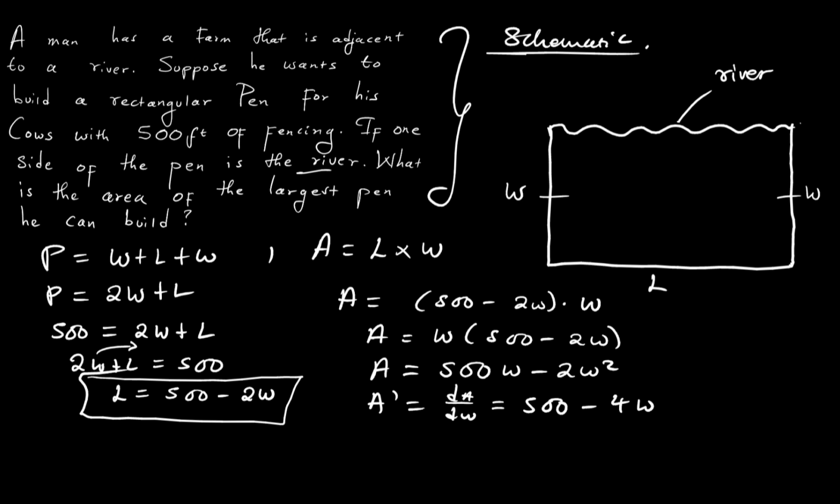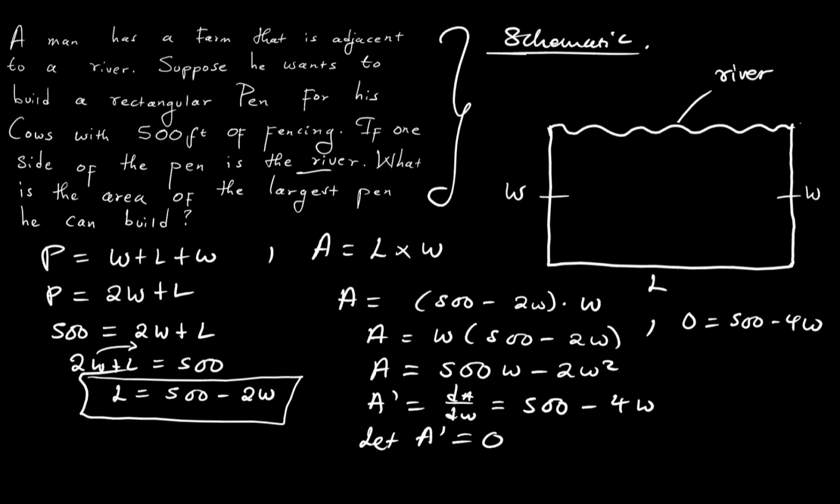Now, this means that we have our first derivative equivalent to that. At the critical points, the first derivative is equal to 0. So I'll let A prime be equal to 0. Once that is done, I'll have 0 equal to 500 minus 4W.